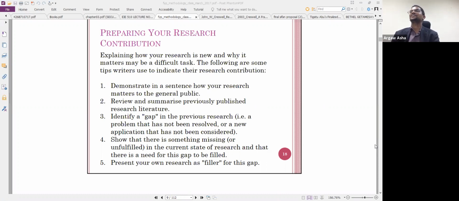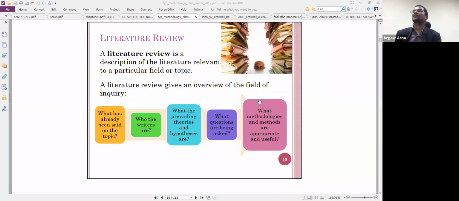That is the case which you are working on. Then what is your contribution? Where is your gap? Where are you filling the gap? That relates to your own problem.